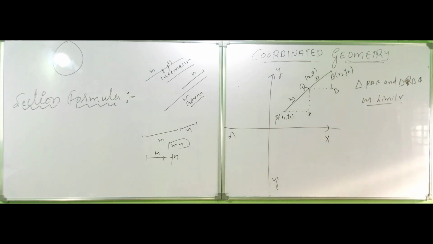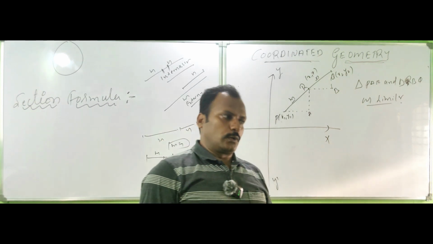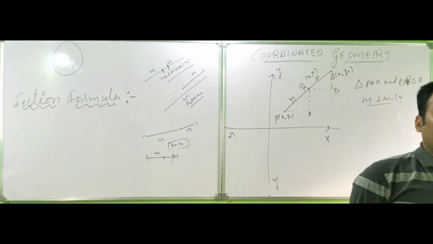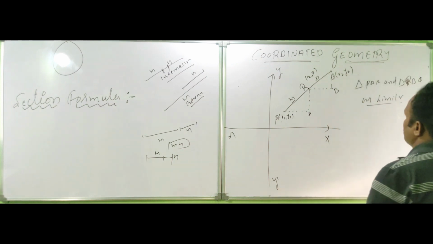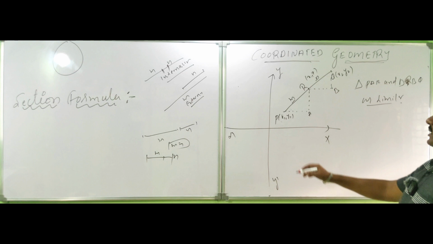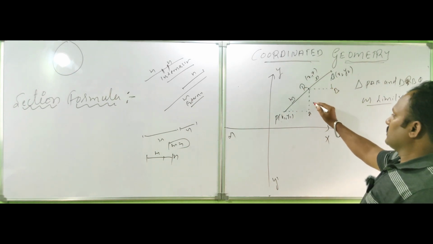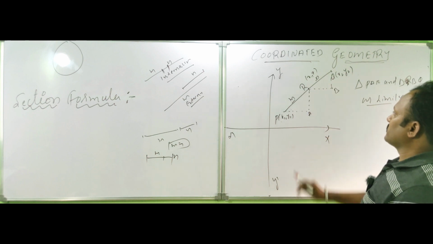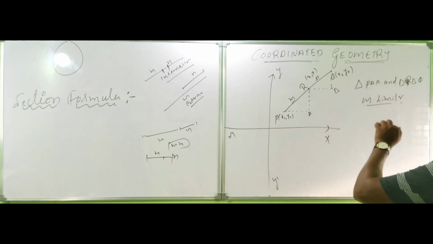You already know the conditions of similarity: if two angles are equal, or the corresponding sides are in the same ratio, the triangles are similar. Here there are two right angles, and the corresponding angles are also the same, so the angles are equal in these two triangles.